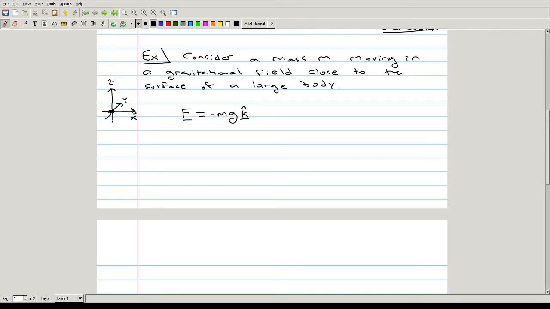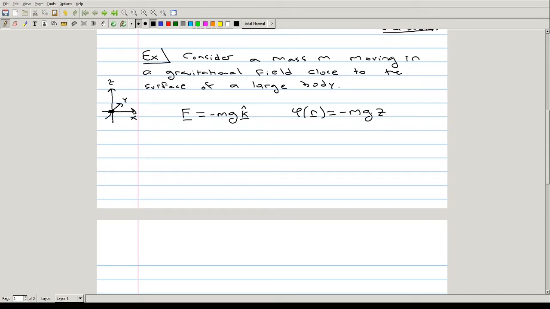Note that this force is a conservative force field. Specifically, the gravitational potential in this approximation becomes negative m times g times z, where z is the height above the ground level.